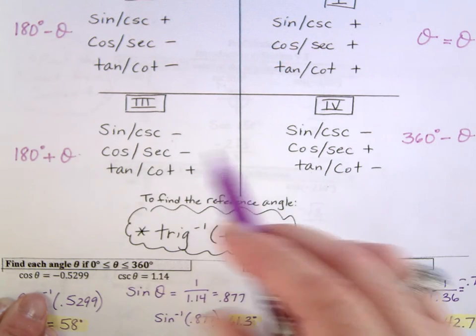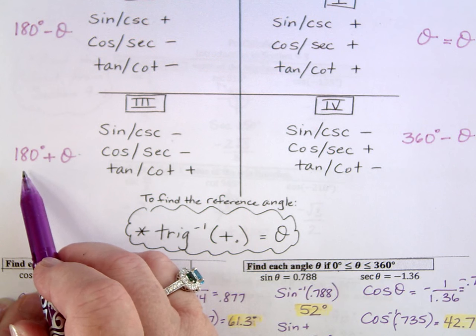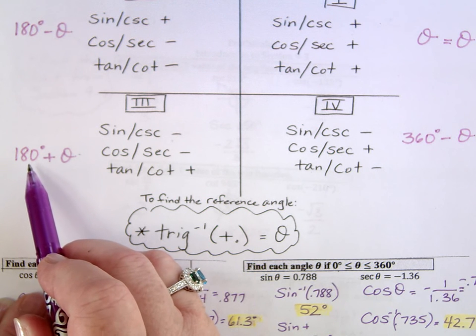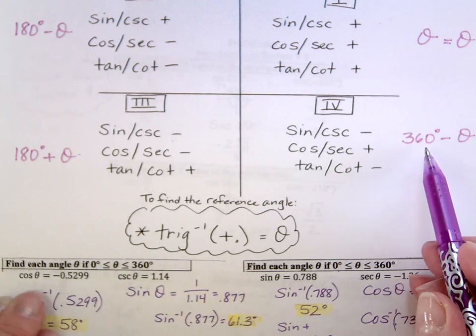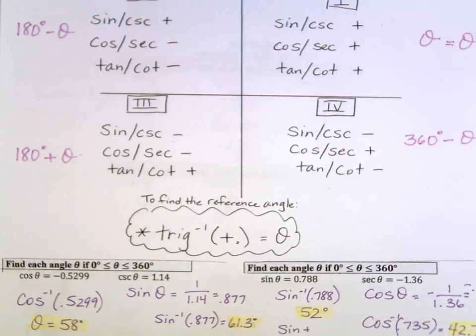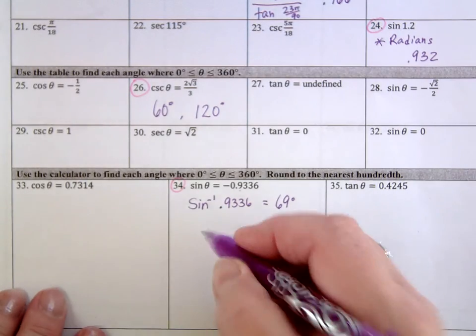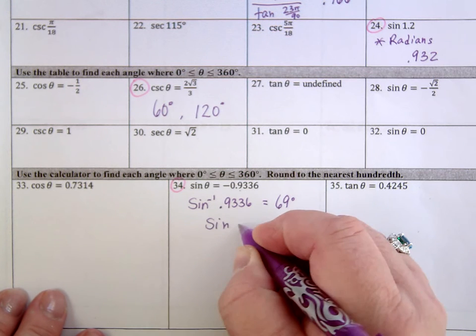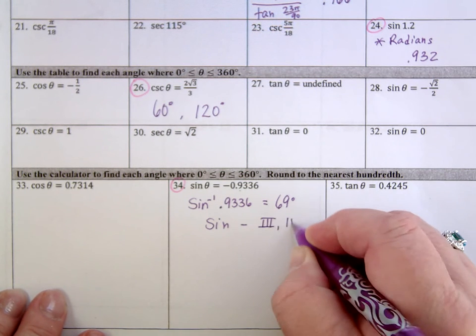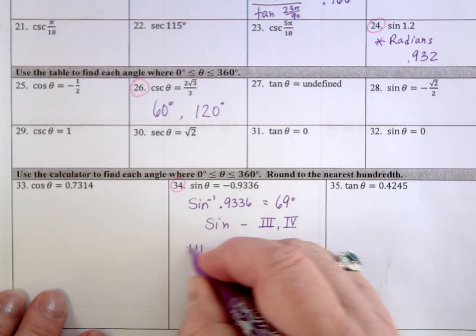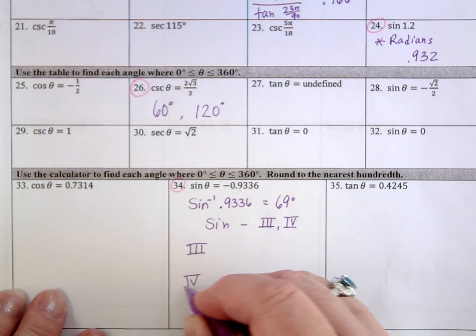And then these little things off to the side are telling you how you're going to put your 69-degree angle into that quadrant. So it's going to be 180 plus 69 degrees in the third. It's going to be 360 minus 69 degrees in the fourth. So I know that sine is negative in the third and fourth quadrants, and that's where I'm going to put it.